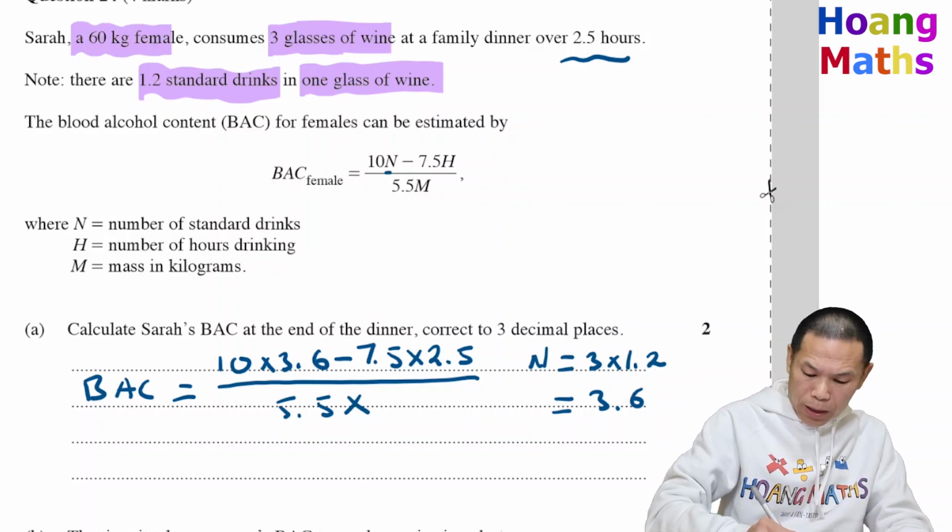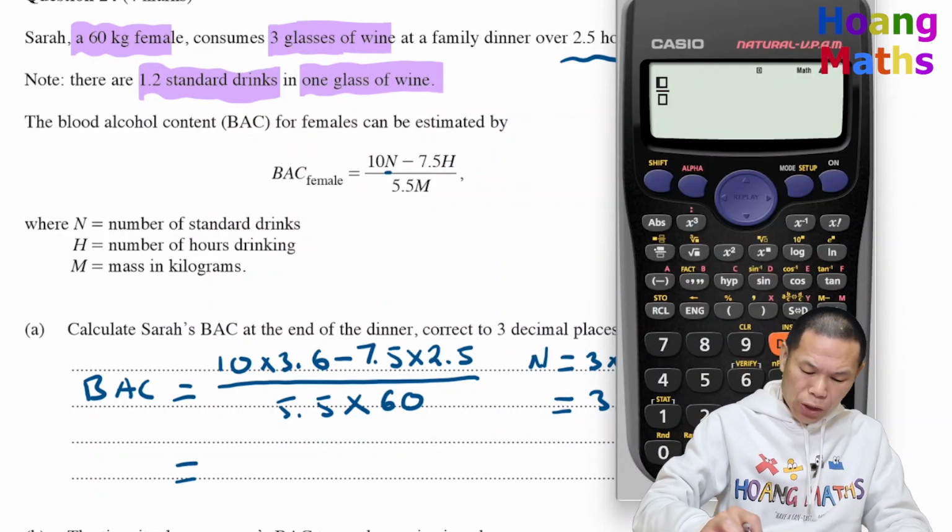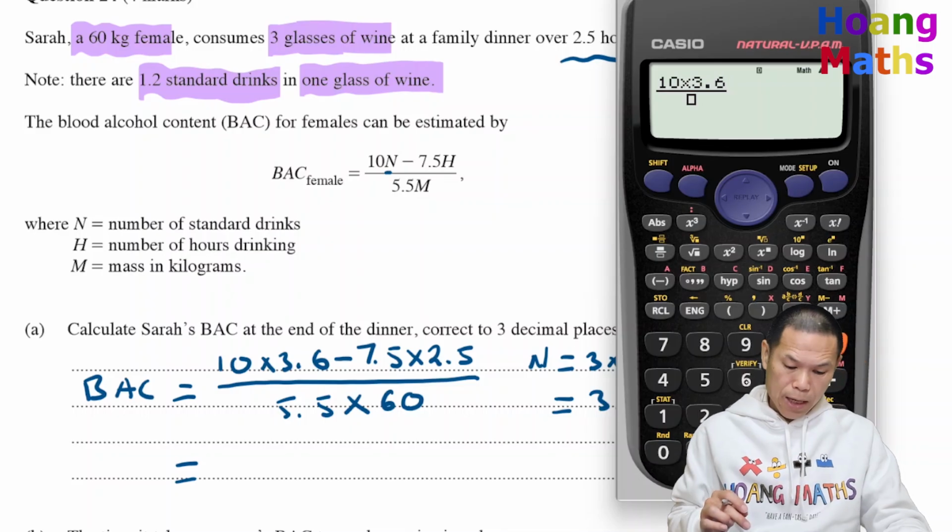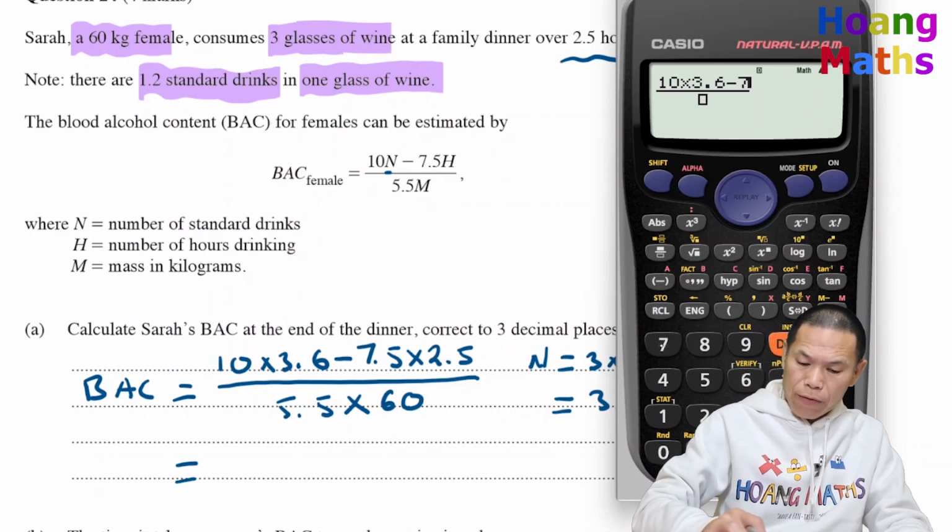That is equal to the fraction 10 times 3.6 minus 7.5 times 2.5 over 5.5 times 60.